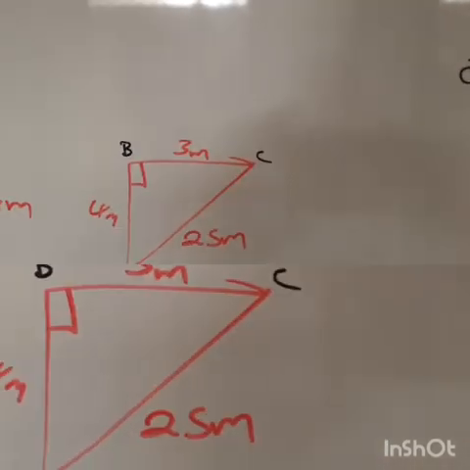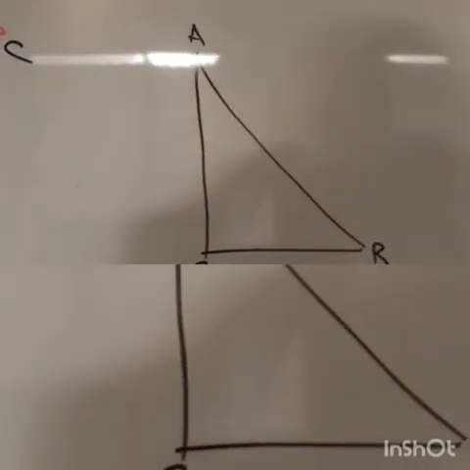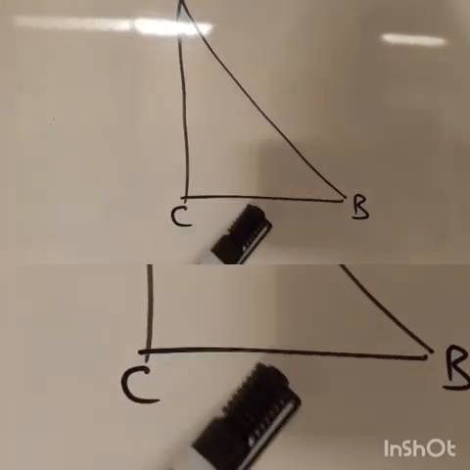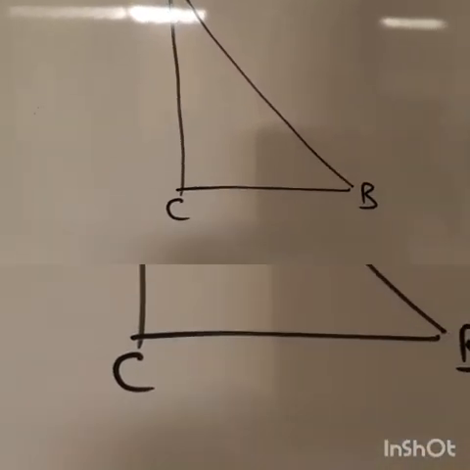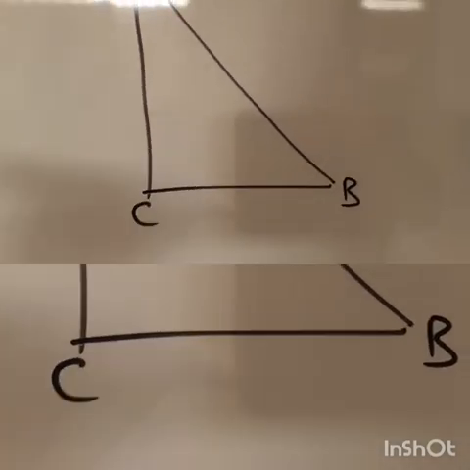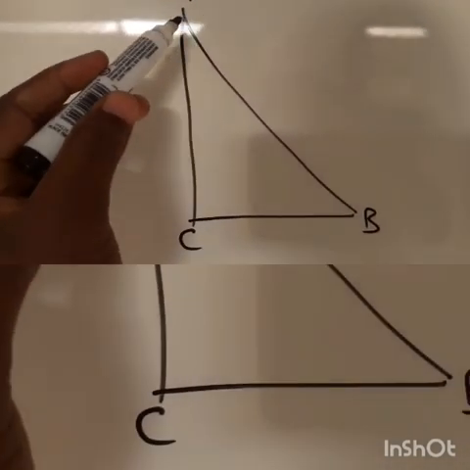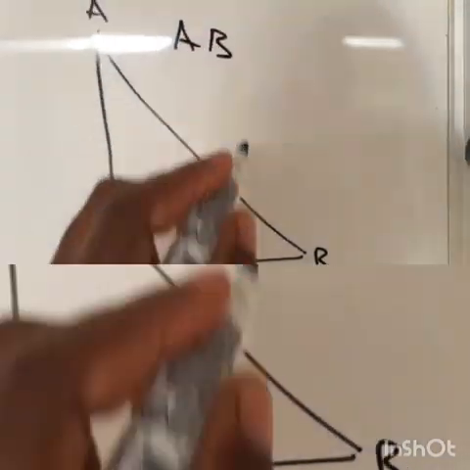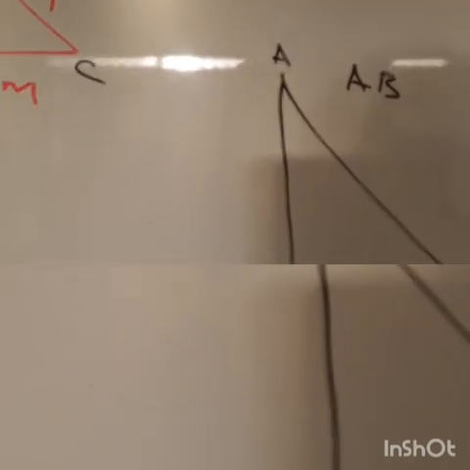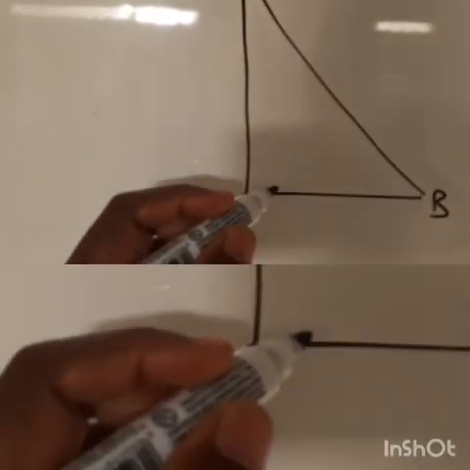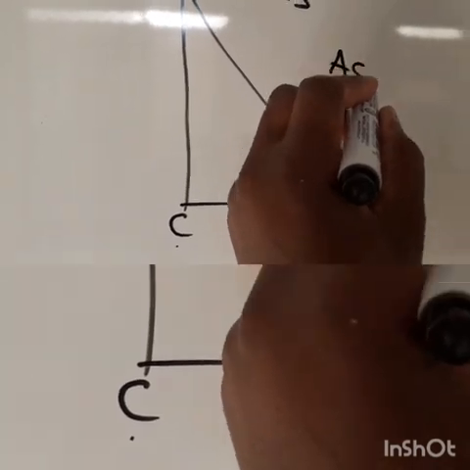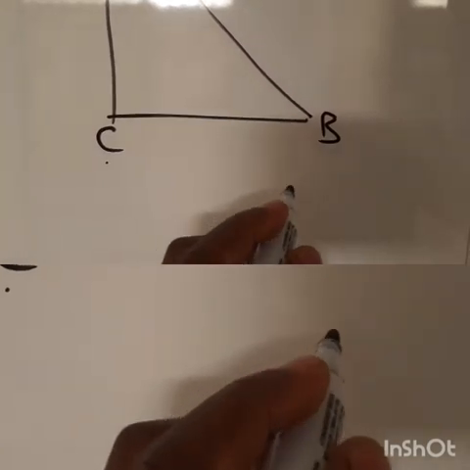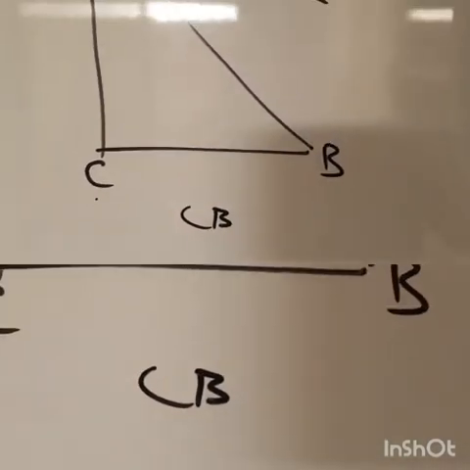Now let me show you something about the labeling of triangles. When a triangle is labeled A, B, C, the line from A to B would be line AB, the line from A to C would be AC, and the line from C to B would be line CB.